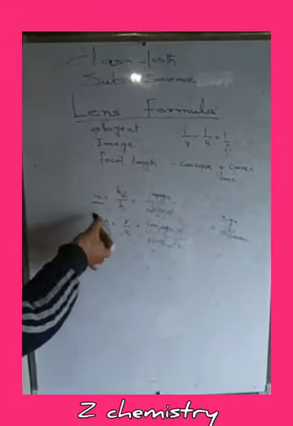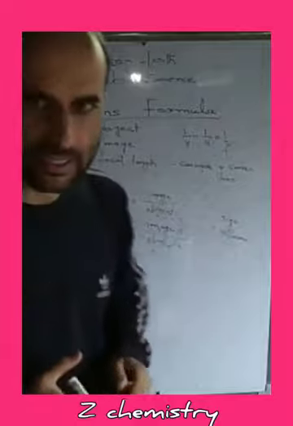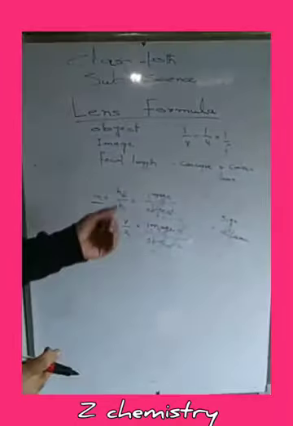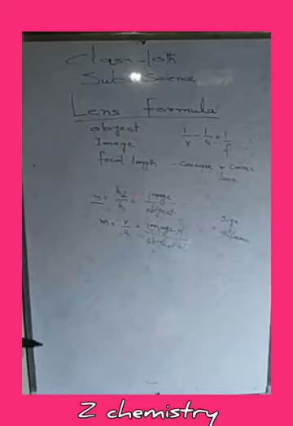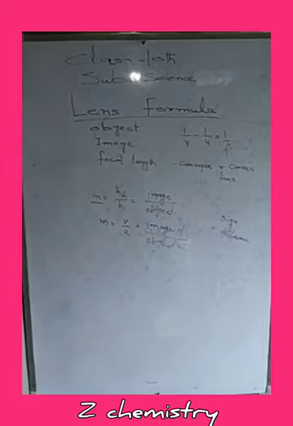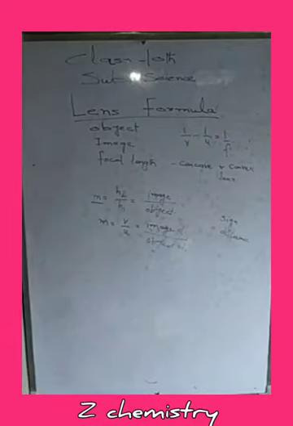This linear magnification shows us the ratio of the height of the image to the height of the object, or the relationship between image distance and object distance.